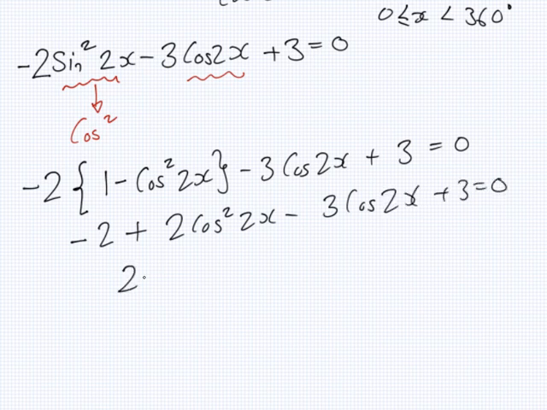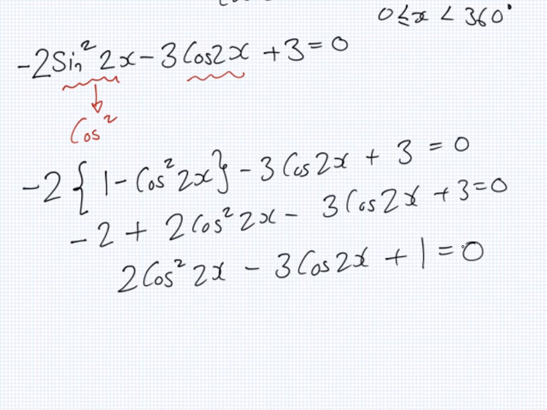So we get 2 cos squared 2x minus 3 cos 2x plus 1 equals 0. At least it's cos. But if you look at it, it should remind you of another type of equation. It looks like a what? Looks like a quadratic. Except instead of x, cos 2x.